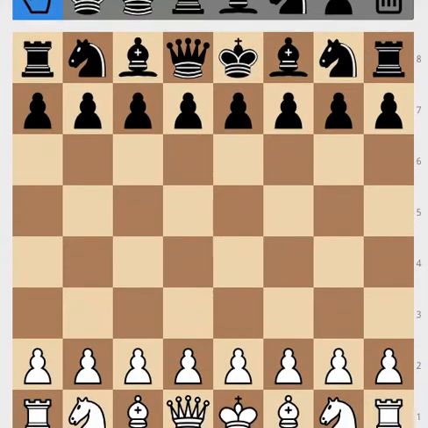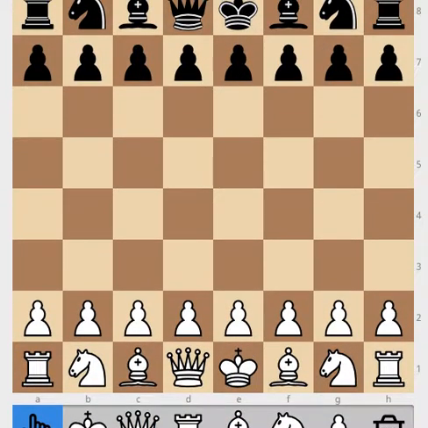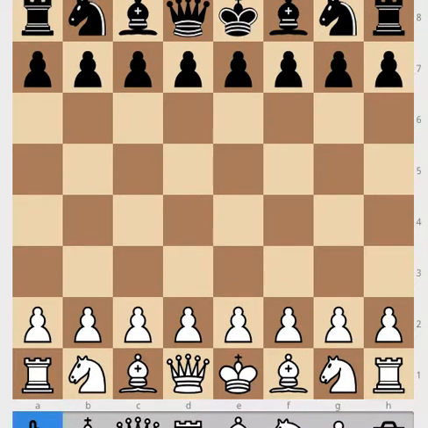In the starting position of a chess game, the white pieces are always on 1 and 2, which are known as the first and second ranks. The black pieces are always on 7 and 8, the 7th and 8th ranks.